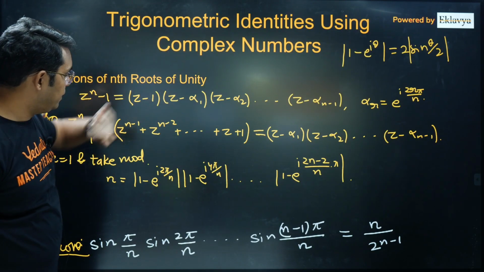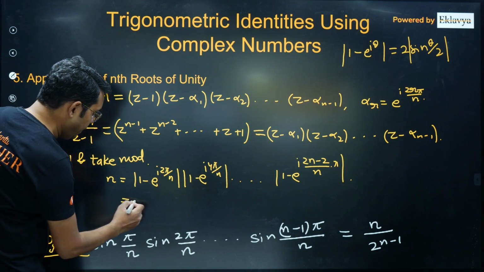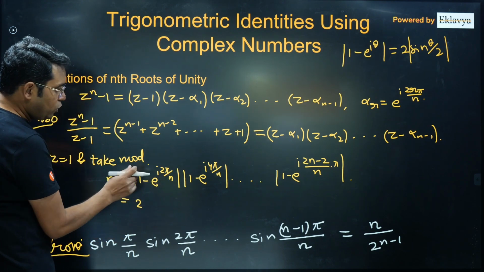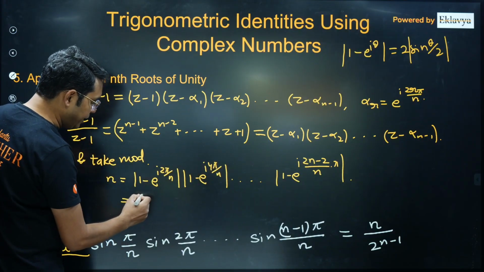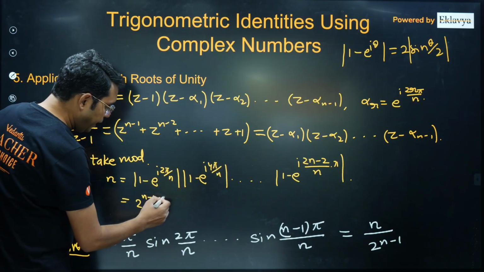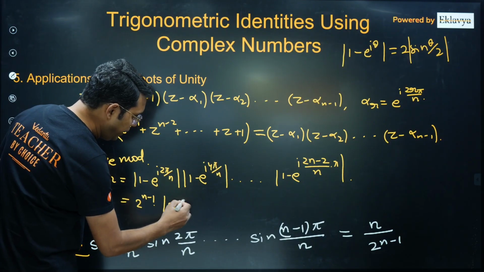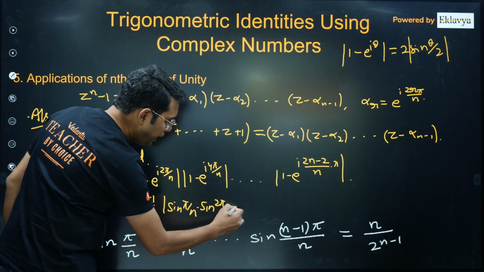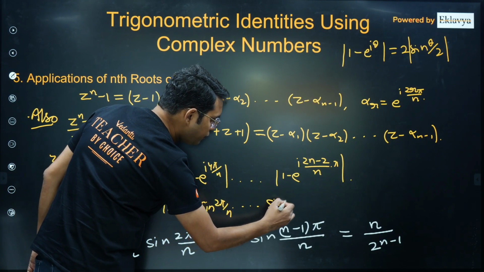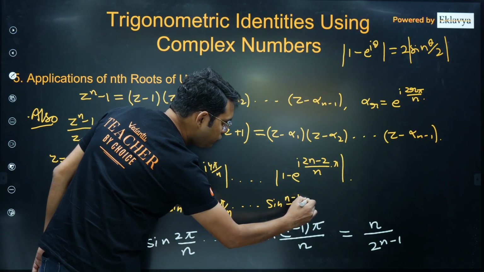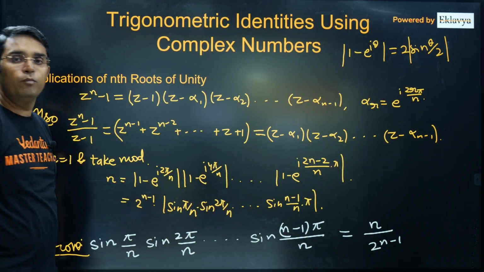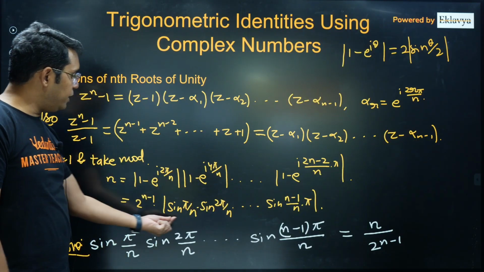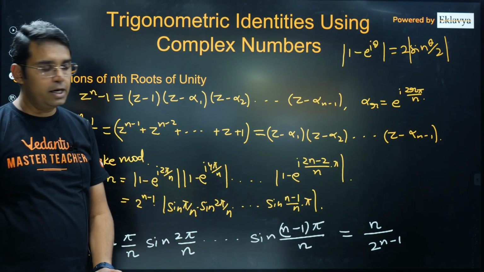Yeah, I think we are done. Please check. Actually 2 will come from all the n minus 1 brackets, so it will be 2 power n minus 1, and then sine of pi by n, sine of 2 pi by n, and so on, sine of n minus 1 upon n into pi. You can remove mod directly because all the angles are in first or second quadrant.